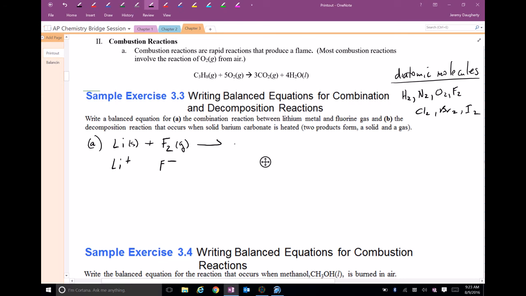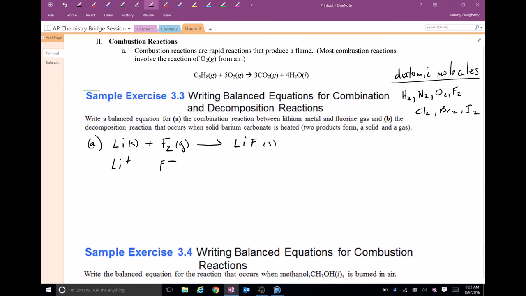LiF. Now that's going to form a solid. Most of your ionic compounds are going to be solids because we're assuming here that this is at room temperature. It didn't tell us the temperature. And so most ionic compounds are a solid at room temperature.